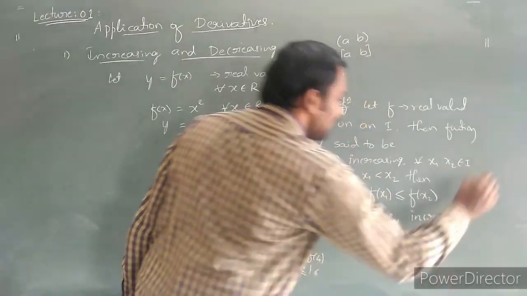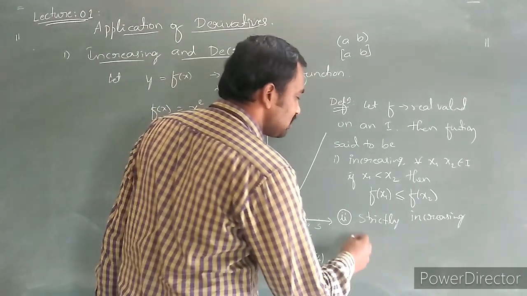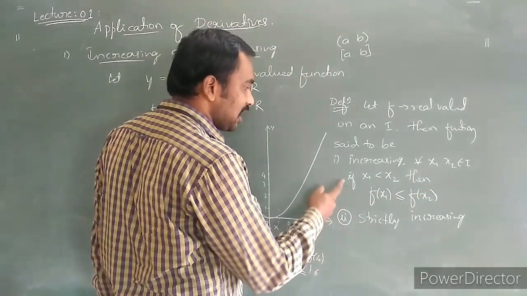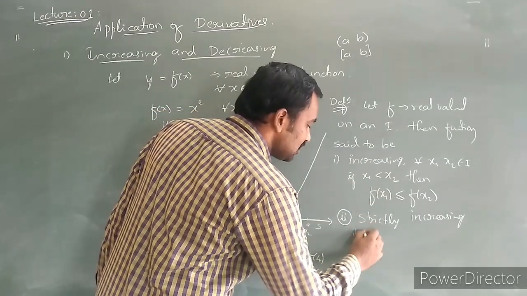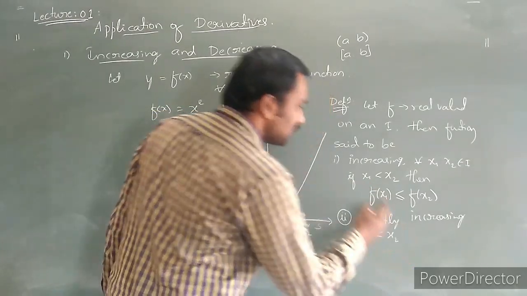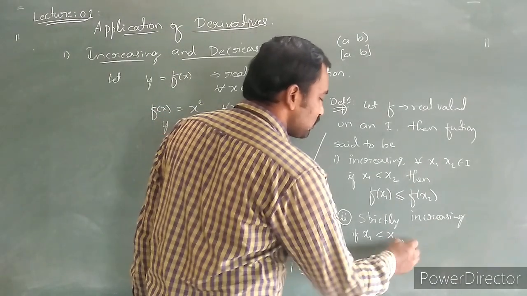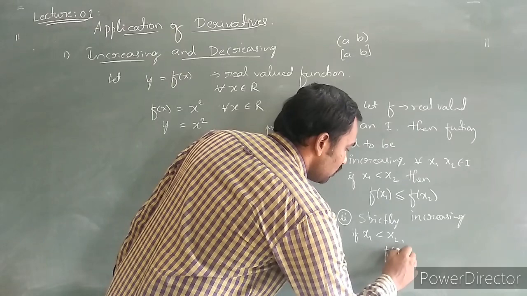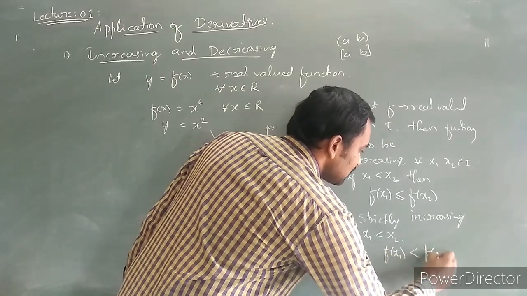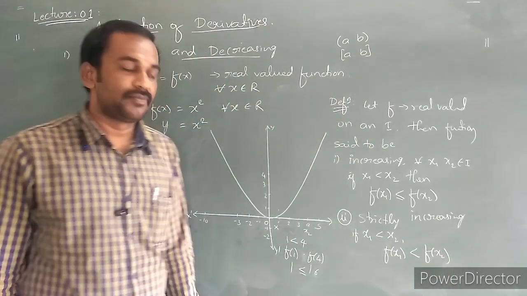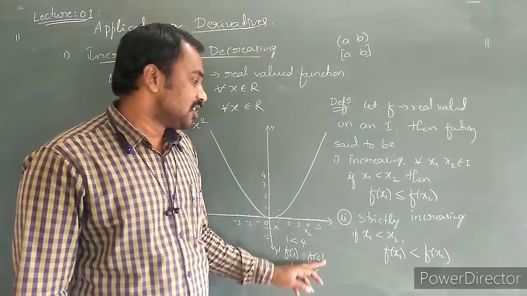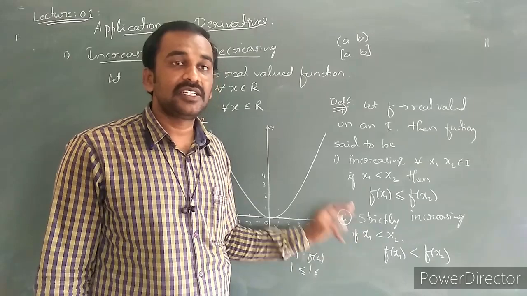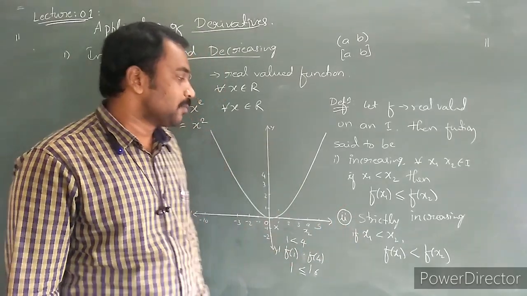When we need to say that a function is strictly increasing, it means the same condition for all x1, x2 belonging to the given interval I. If x1 is less than x2, here it is a strict inequality, then we can say that f of x1 is less than f of x2. In this case, we can say that the given function is strictly increasing.